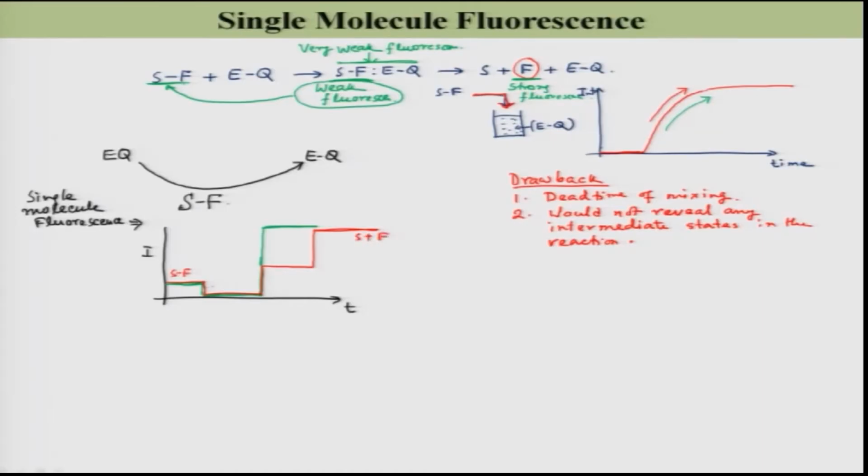In between, that SF must have interacted with EQ, that is why the fluorescence intensity is less, and in this intermediate one, the structure must be SF with a little bit of a different type of interaction with EQ. That means you will be able to see this intermediate state very easily if you monitor such single molecular level fluorescence.